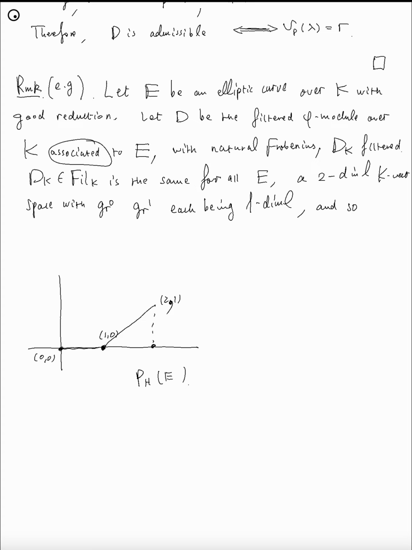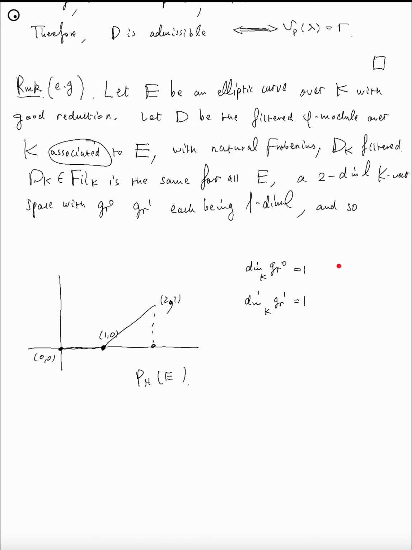We see the Hodge numbers because, as we said, the dimension of graded 0 piece is 1, and the dimension of graded 1 piece is also 1. Once you know the dimension of the graded pieces, what you have to know is the jumping position, right?